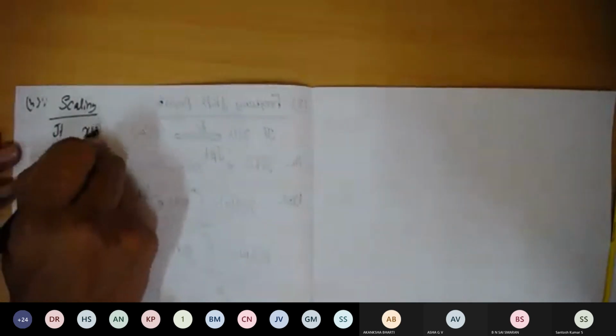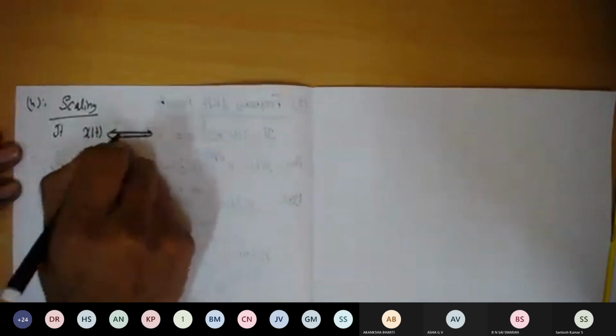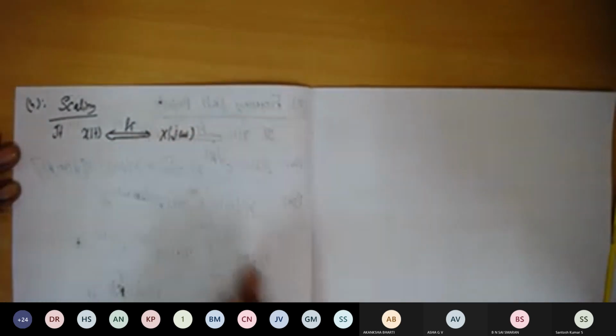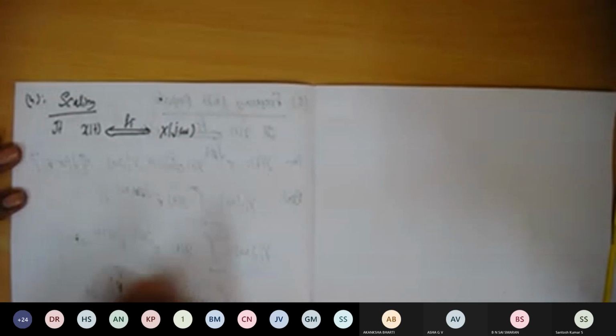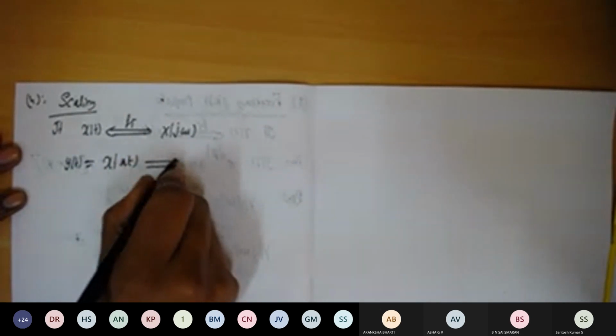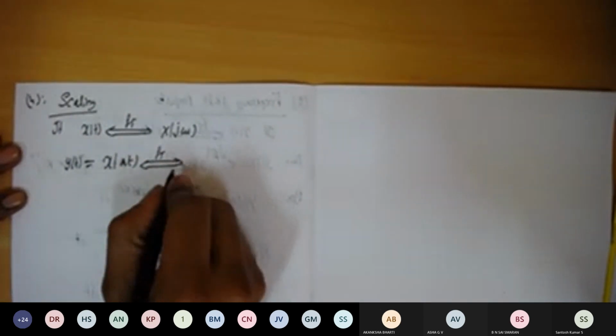If x of t has the Fourier transform x of j omega, then I scale the time with the scalar a, so it becomes x of a t.